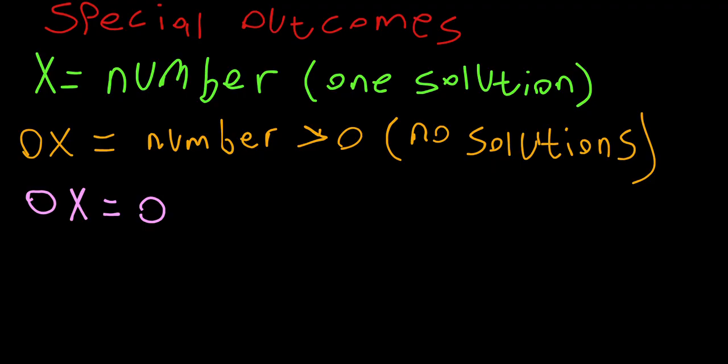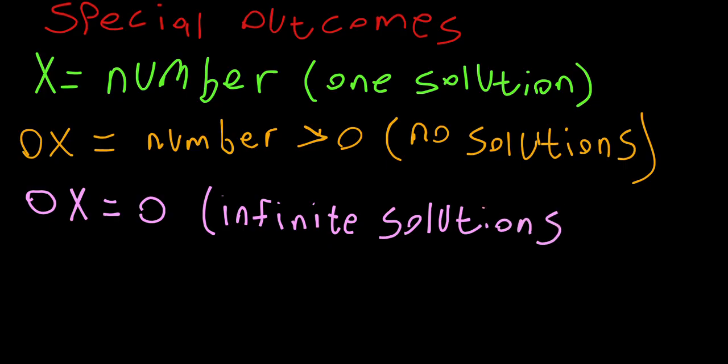All right, when we see that, well, any value of x times 0 would equal 0. If x was 100, it would equal 0. What that means is you have infinite solutions. Any value will satisfy this equation. Infinite solutions.